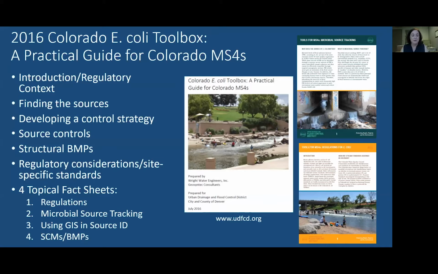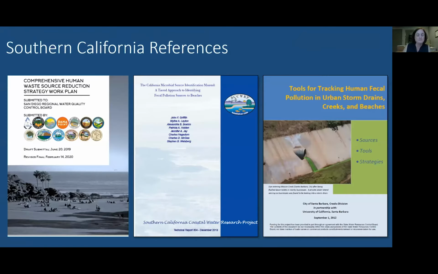And we have a fact sheet on how to use GIS as part of a source identification study or a sanitary investigation in watersheds, so that when you sit down with your GIS department, you can give them a list of the different shapefiles and layers that we want to pull together to shape and form hypotheses for our studies. And then lastly, a fact sheet on BMP performance. And all of these are available from udfcd.org. This is the Mile High Flood District in Denver who sponsored this study.